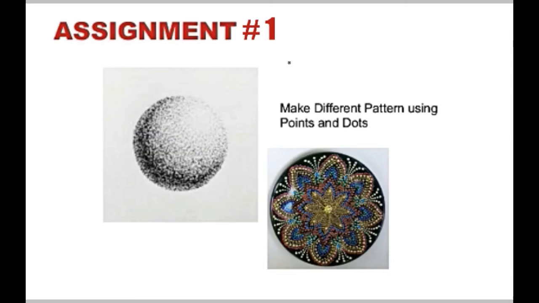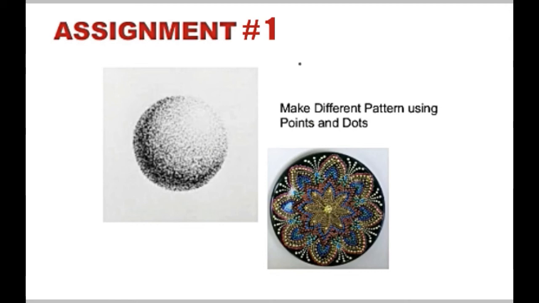Alright guys, here is your assignment. How to do it and what to do. For your assignment number 1 or activity number 1, make a design or make a pattern using points or dots.